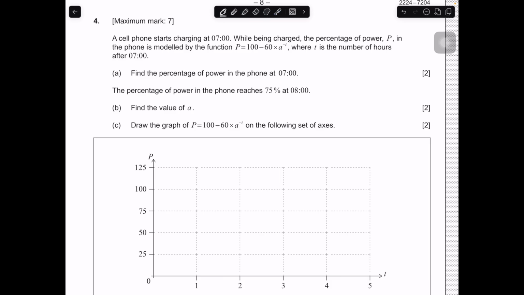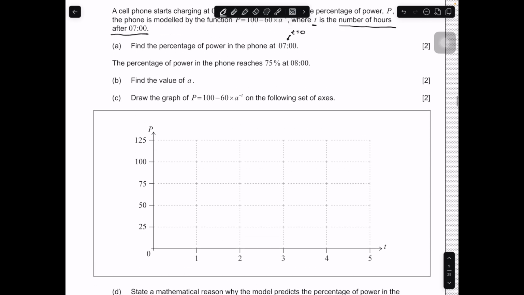So this is a classic question that happens so often. Essentially, when time is equal to 0, because t is the number of hours after 7. So when it is exactly 7, we know t is equal to 0. So what percentage of power is left when t is equal to 0?